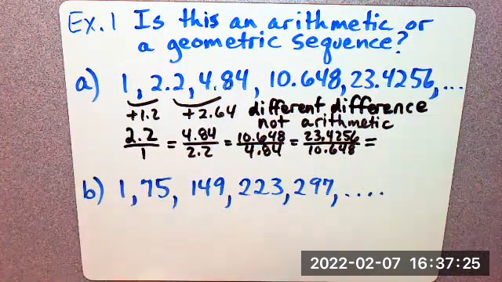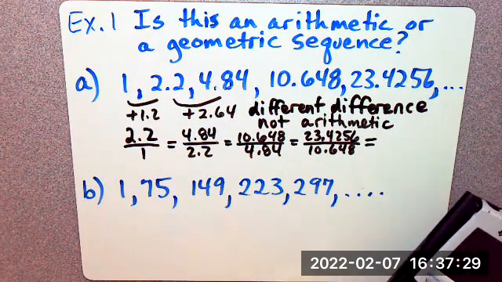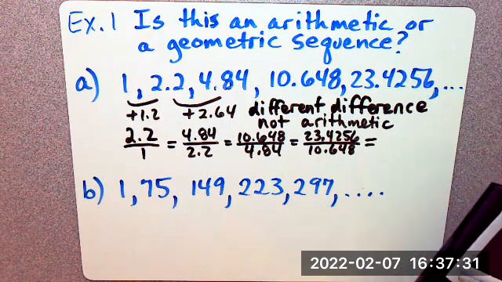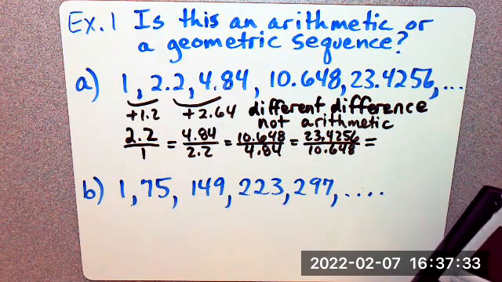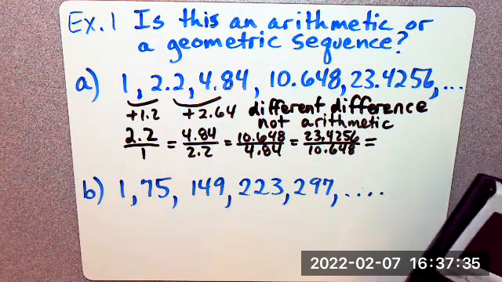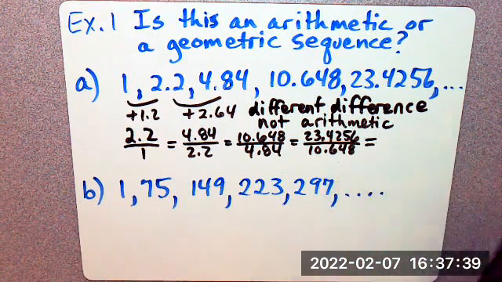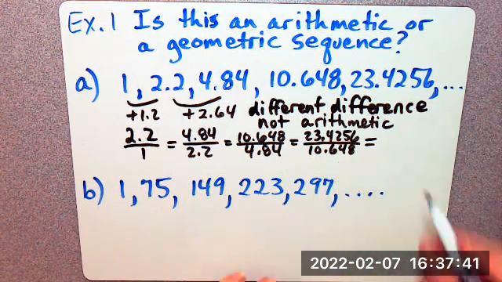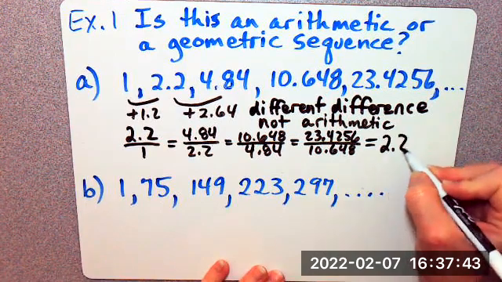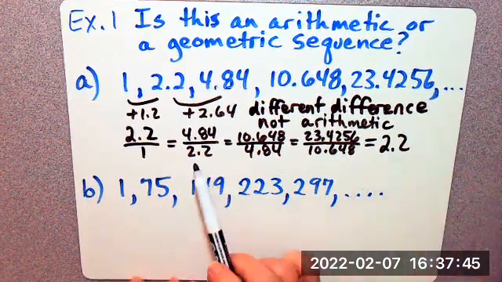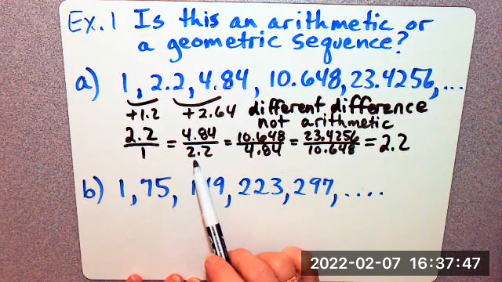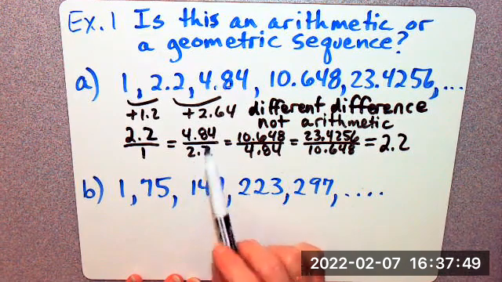So let's take a look at what they are. I'm using a calculator on this for expedience. So we are going to find that this one right here is 2.2. That would lead me to believe that the others are 2.2. We can estimate: if I multiplied this by 2.2, I would get 4.8.